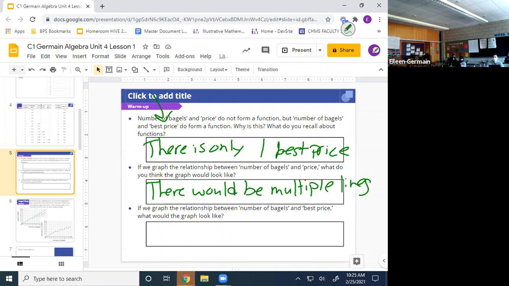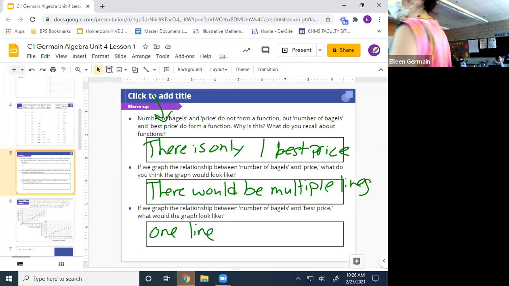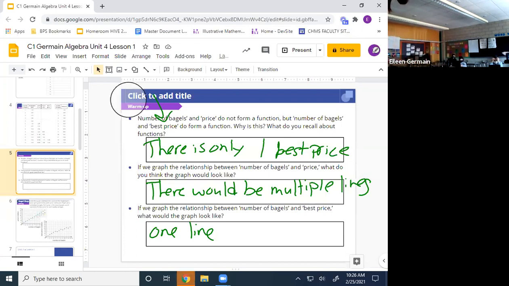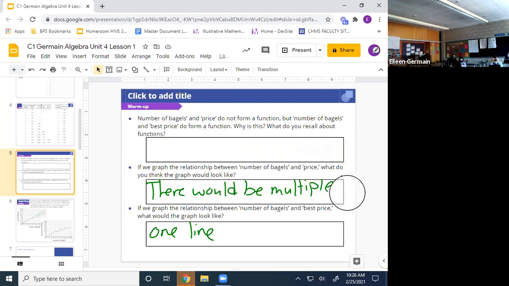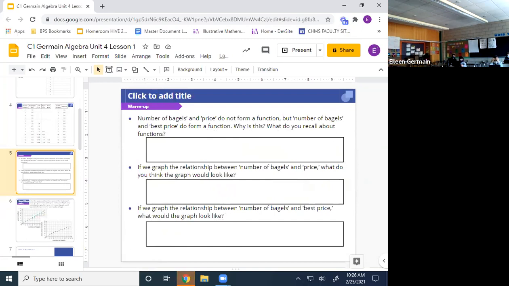If we were to graph the relationship between the number of bagels and the best price, what would we notice about that graph? Kyle? It would be one line. Good. And I'm not going to say one straight line because we're going to notice some things when we actually look at the graphs on the next slide. Okay? Nice job, Peyton. Let's look at the graphs now.